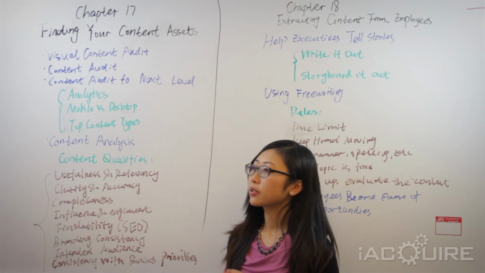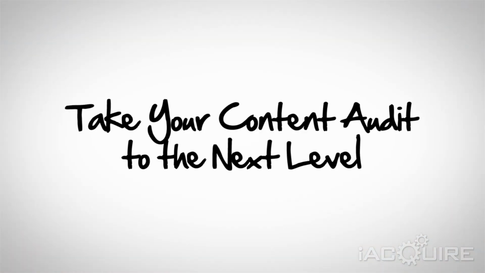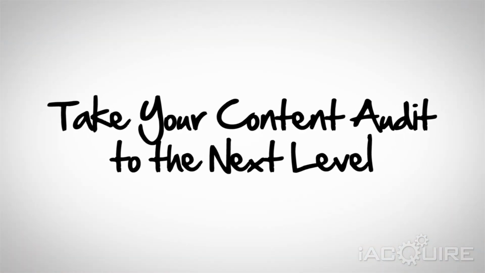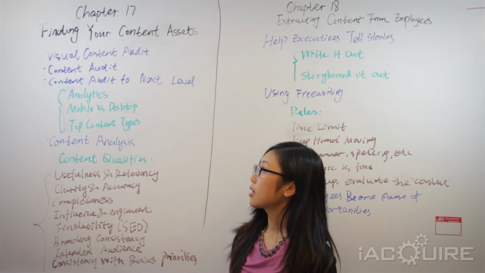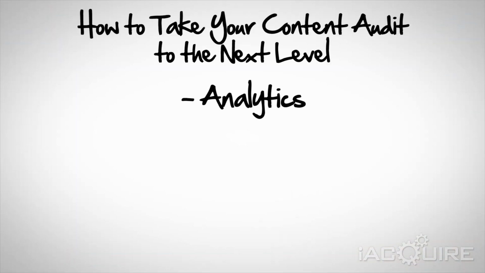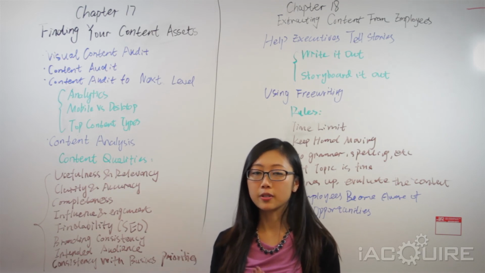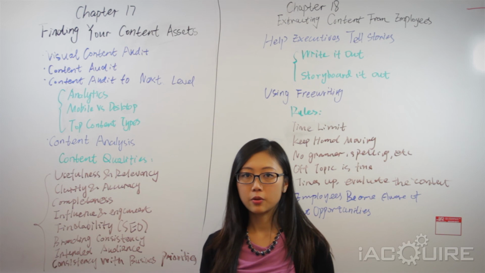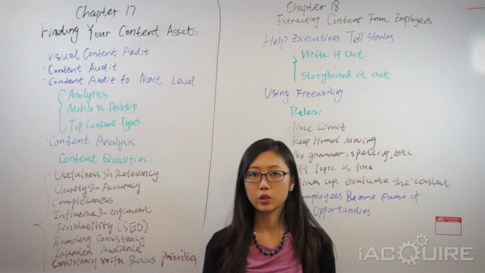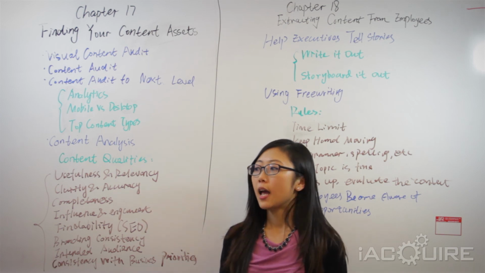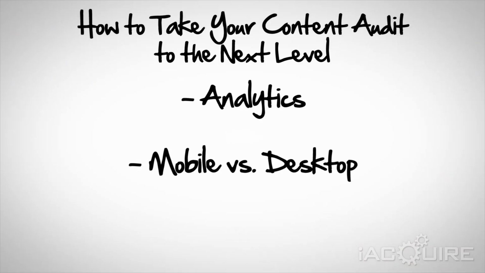After doing this content audit, you should take it to the next level, by which we mean the analytics. In Google Analytics, you will see the page views of different content. Then you will see which piece of content is more popular, which one is less popular. You will also compare mobile vs desktop.